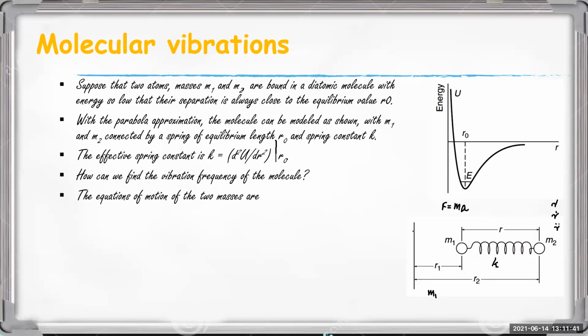Here we take the coordinate of m1 from the origin as r1. So r1 is the position, and r1 double dot is the acceleration of the first one.